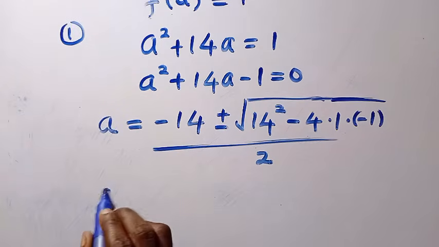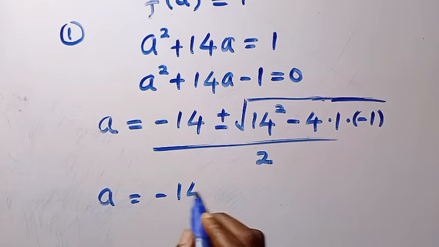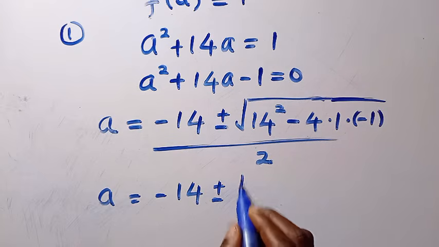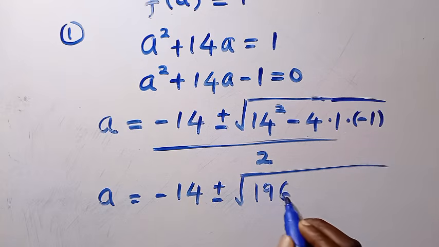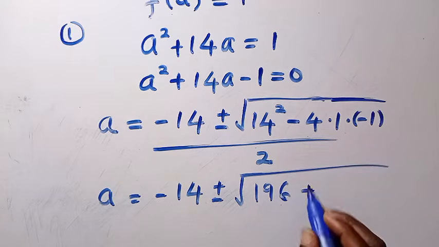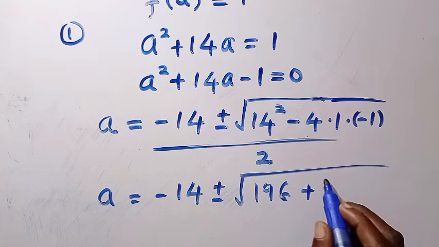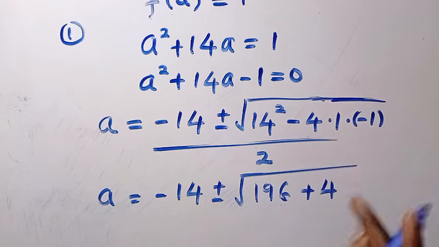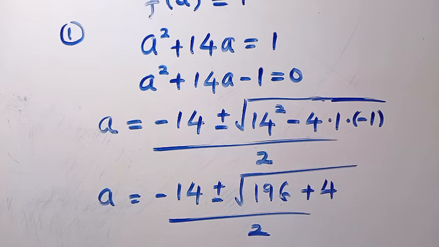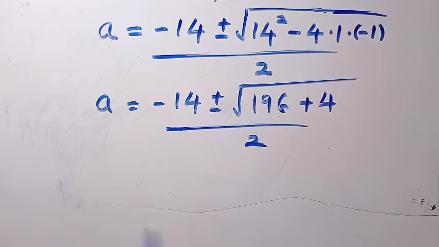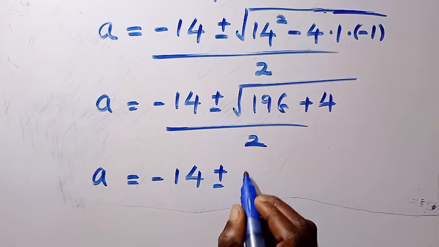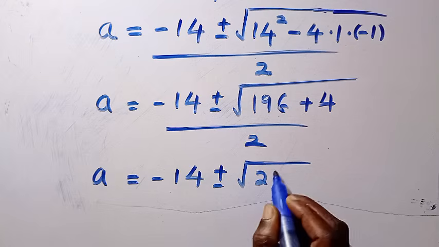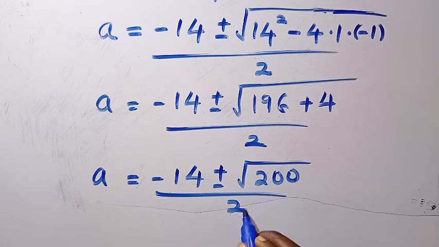So then we have a equals minus 14 plus or minus the square root of 14 squared is 196, minus times minus gives us plus, and 4 multiplied by 1, that is 4, all divided by 2. Then we have a equals minus 14 plus or minus square root of 200 divided by 2.